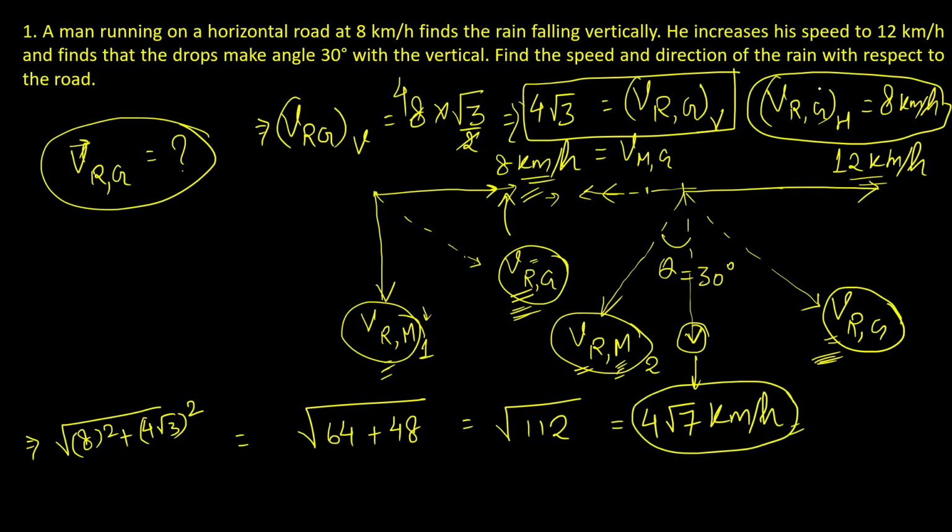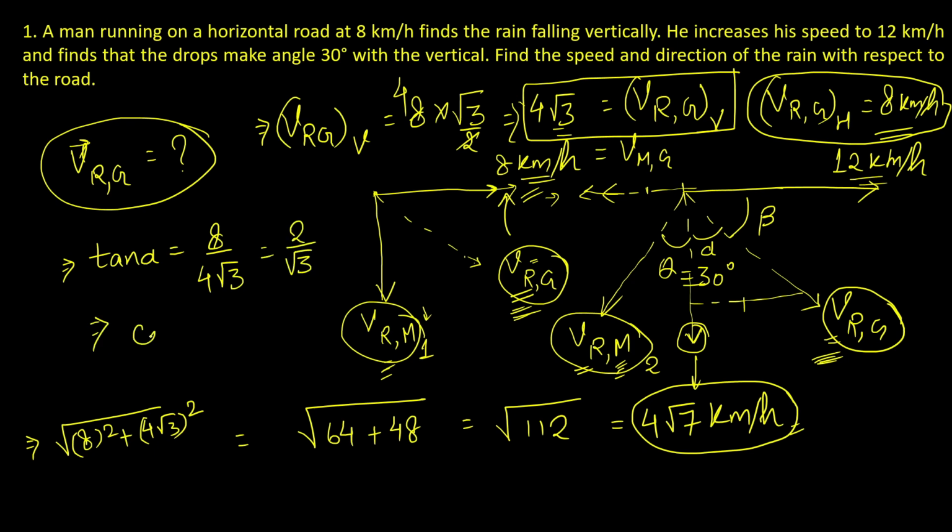Now regarding the direction, we now know the direction of the rain with respect to the road. Either you can have this alpha or you can have this beta. Let us have this alpha over here. Then tan alpha is equal to this upon this, that is the horizontal component upon the vertical component. So tan alpha is equal to 8 upon 4 root 3, which is equal to 2 upon root 3.